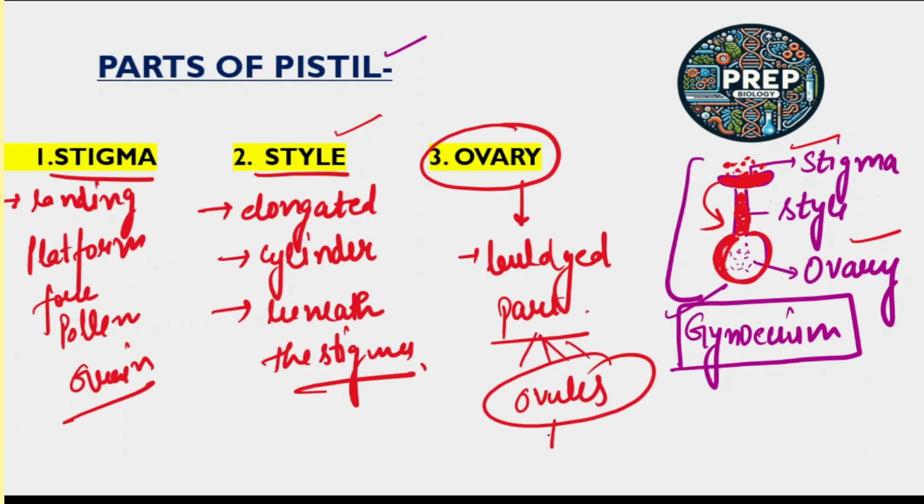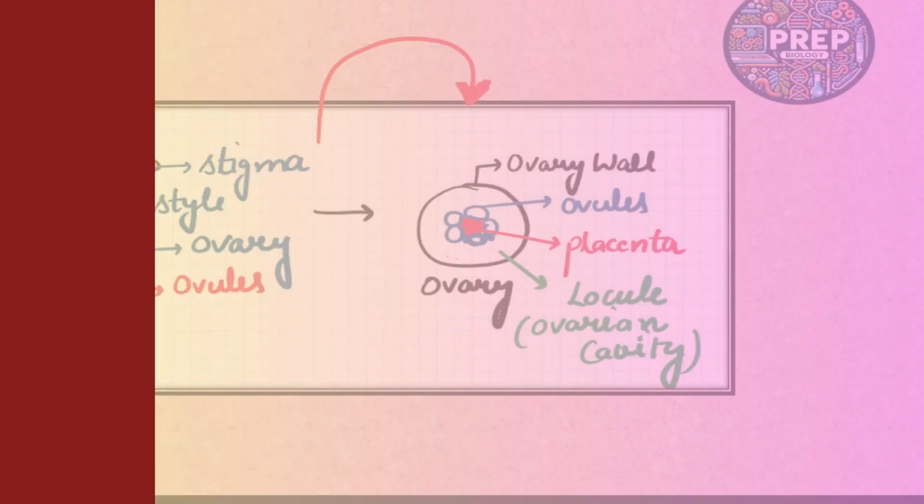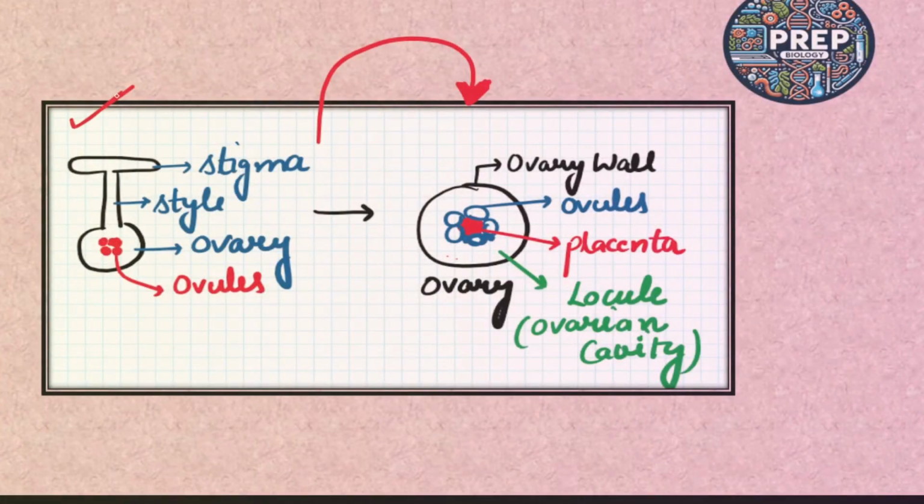And we all know ovules are the female gametophyte, as we have discussed earlier. So all these 3 parts of the pistil, that is the parts of the gynoecium, stigma, style and ovary, are very important. We have discussed the structure of the pistil.